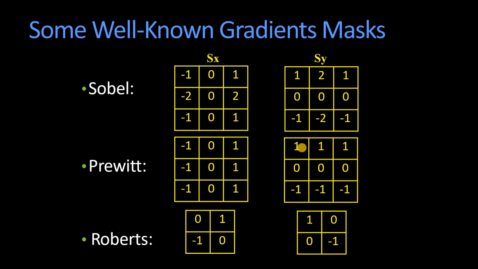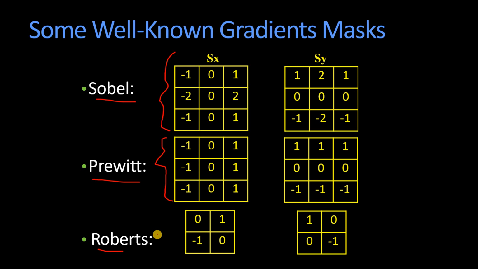There are many other operators or kernels. One is Sobel, Prewitt, and then there is one called Roberts. Out of these, Roberts is not symmetric. So you have to keep these things in mind. Remember them for your exams also. Out of these three operators, the first two, Sobel and Prewitt, are symmetric, whereas Roberts is not a symmetric operator for gradient.